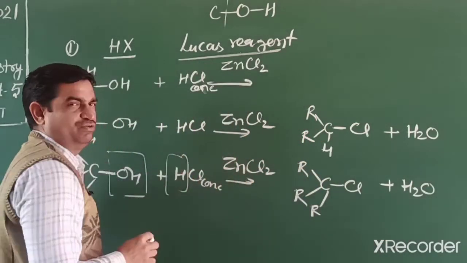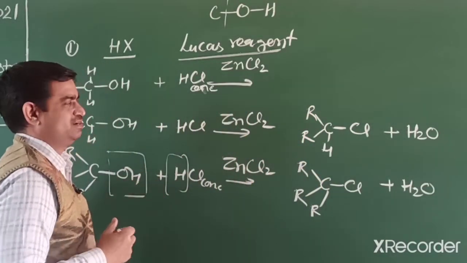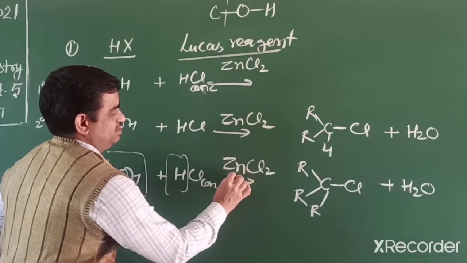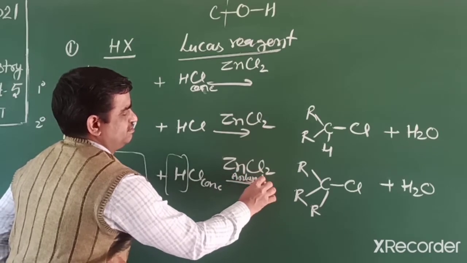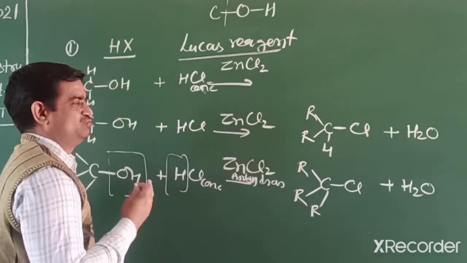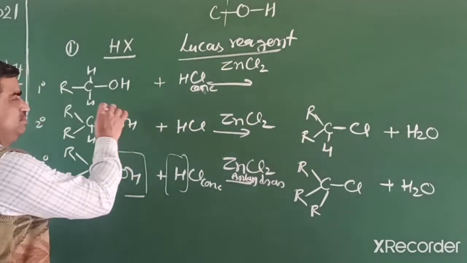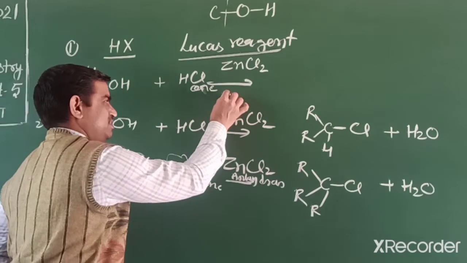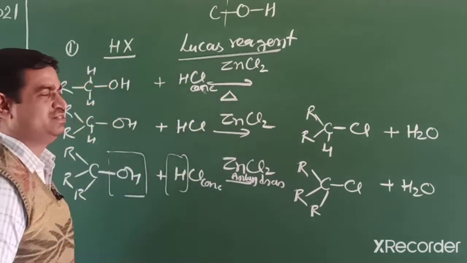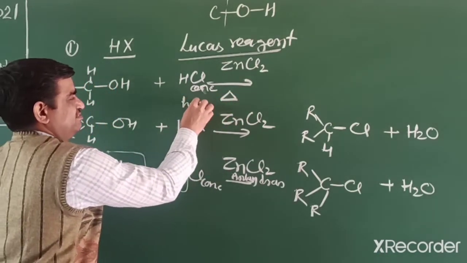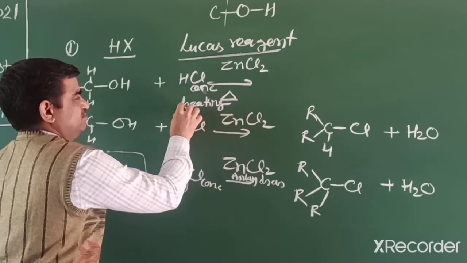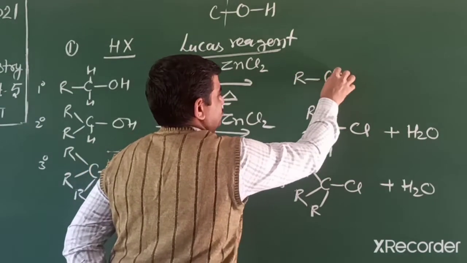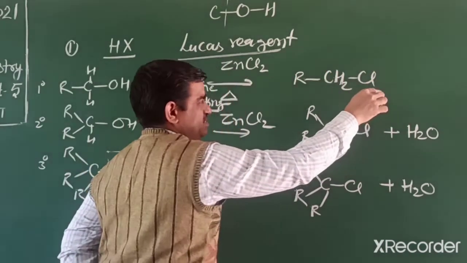The role of zinc chloride is to abstract the water; we use anhydrous zinc chloride to absorb the water. If the alcohol is primary, then this reaction occurs only after heating. We have to heat the substrate and it is converted into the corresponding chloride.